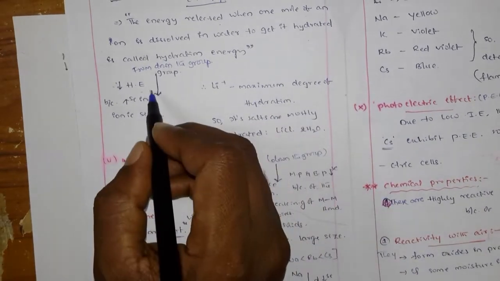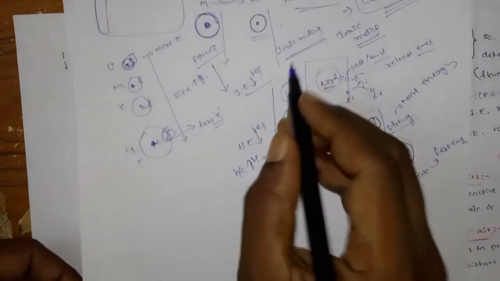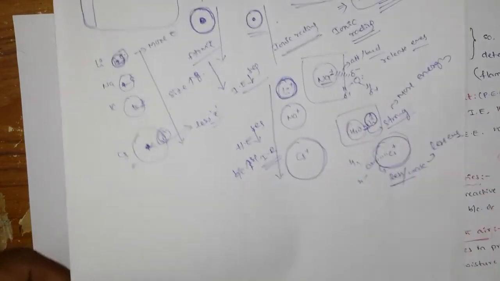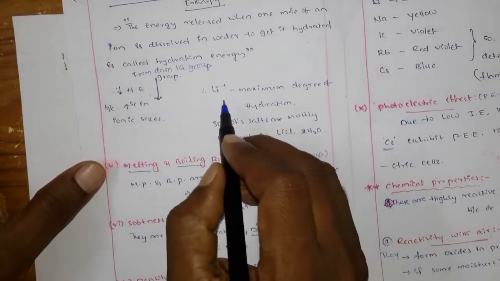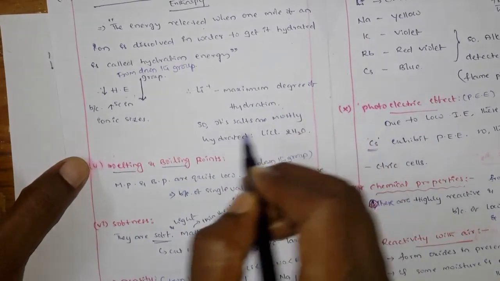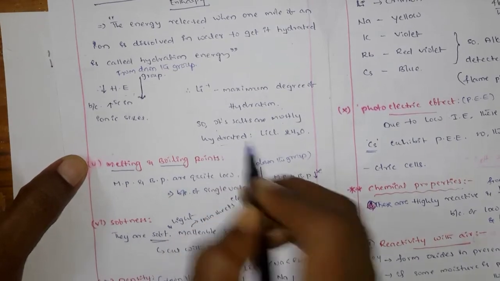Okay, and among all that, which one has a high hydration enthalpy? Generally the lithium has a high hydration enthalpy because of its small size. So the lithium plus ion has a maximum degree of hydration, so its salts are mostly available in the hydrated form.